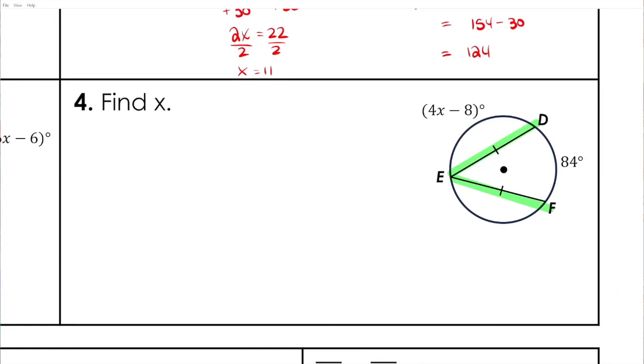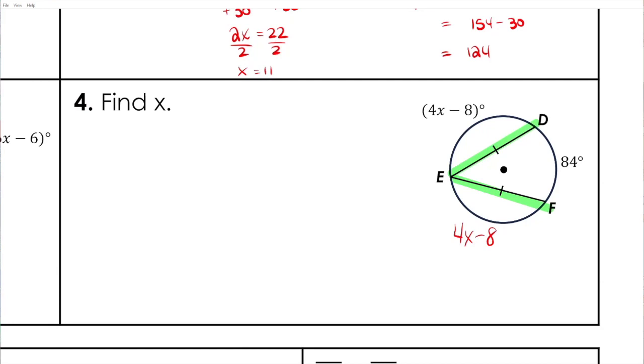Arc is the outside edge of a circle, just a portion of it, not the whole thing. One more time. It cannot equal x because we don't know what x is. We don't want to create a second variable, so it does equal itself. If ED is 4x minus 8, EF also has to be 4x minus 8.